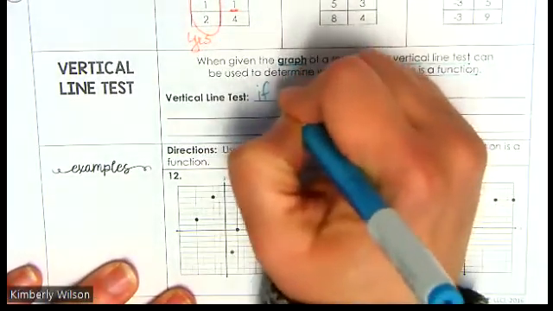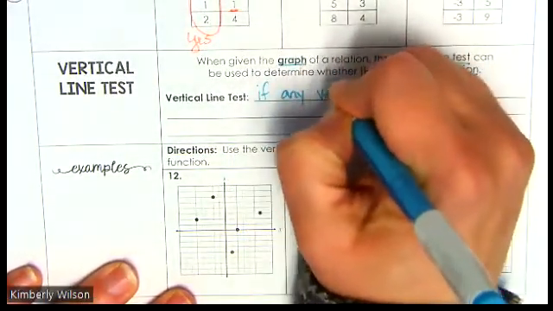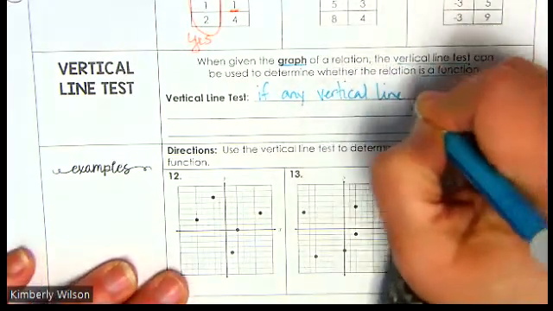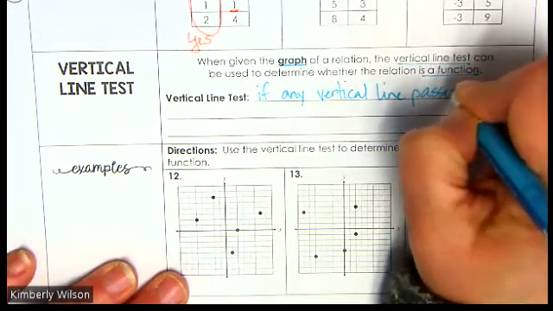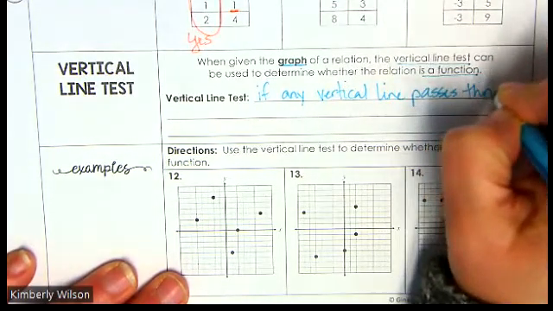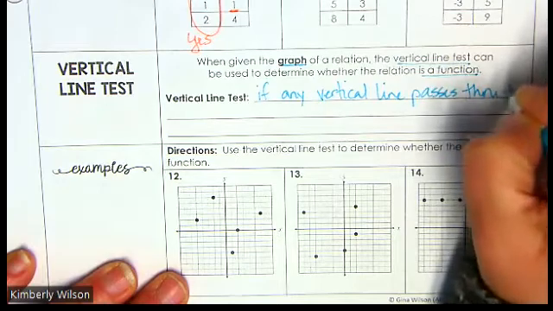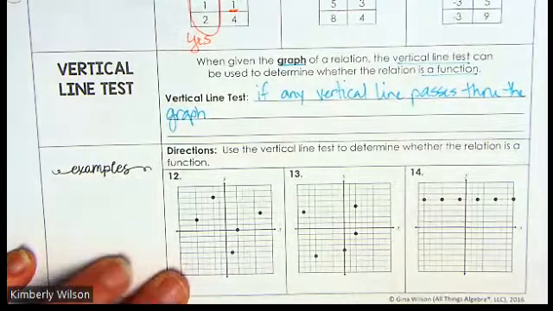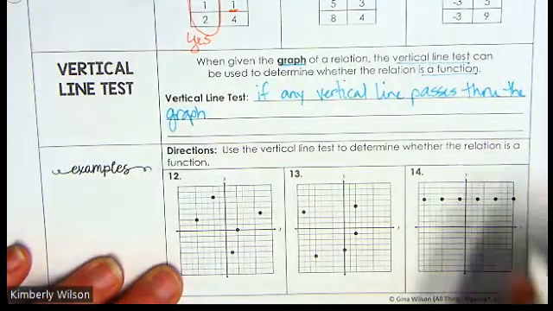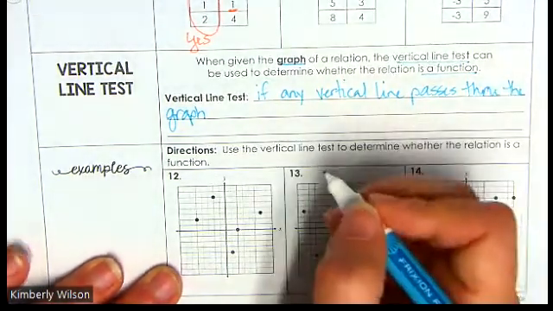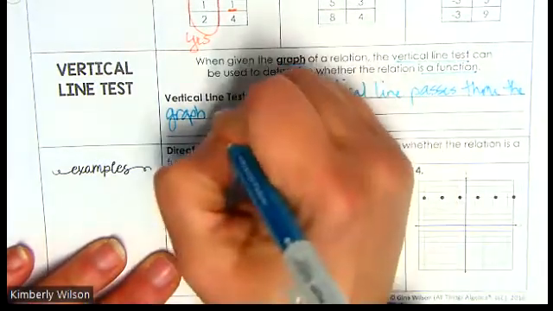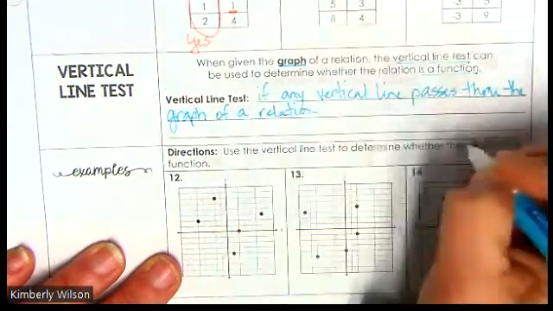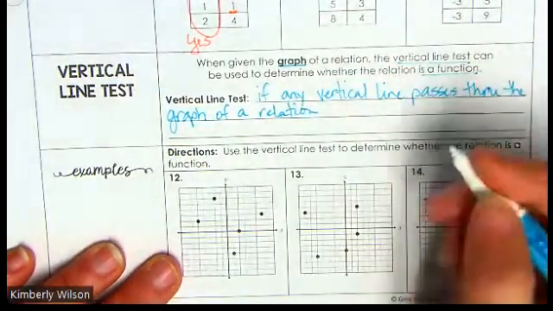If any vertical line passes through the graph of a relation, remember that's just a set of ordered pairs, which is just the dots on the graph, okay?